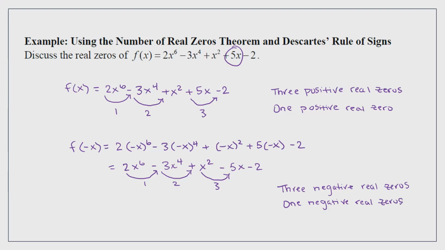Okay, awesome. So we know though that the degree of our polynomial is 6. So this function has no more than 6 zeros.